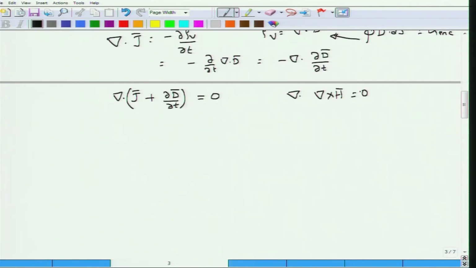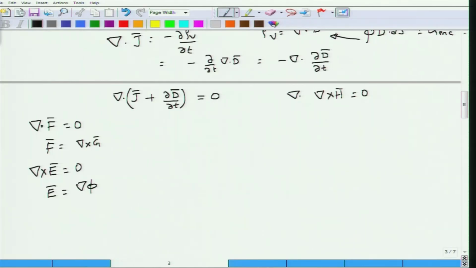In fact, this is one of the two laws of vector analysis. Given any field which has 0 divergence, that field can be expressed as curl of some other vector field. If any vector field has 0 curl, then that vector field can be expressed as gradient of some other scalar field.